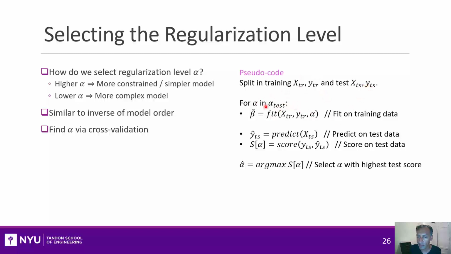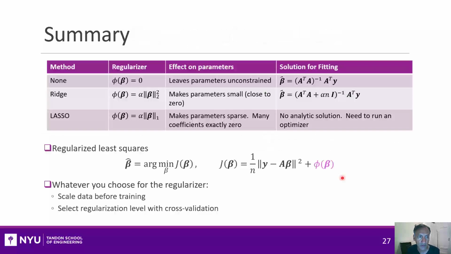For every alpha in some range, I would find the coefficients fitting the data with this alpha parameter for the regularization. Then I would look at the test data, make the predictions, and then somehow compare the test and the predicted values on that test data. And then I would go ahead and find the alpha which had the highest test score. It's exactly what we did with model validation.